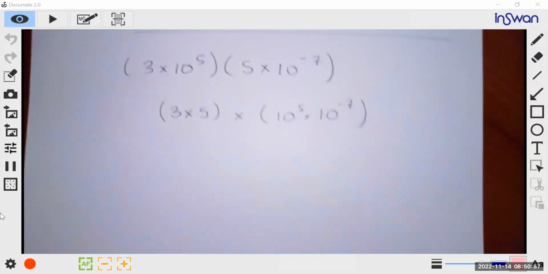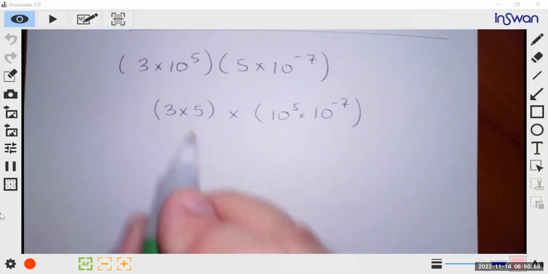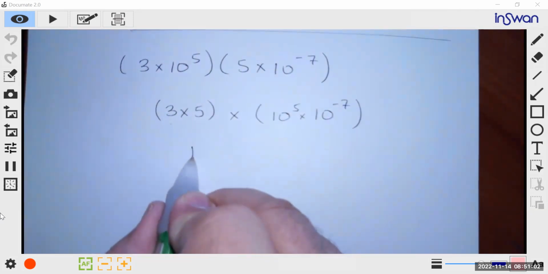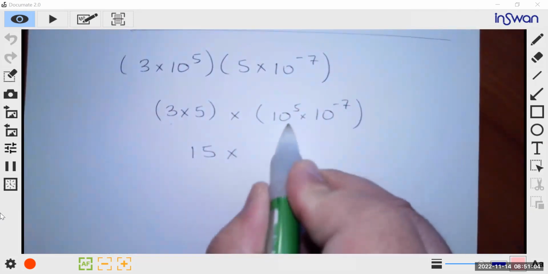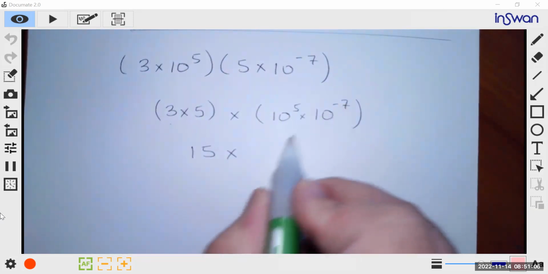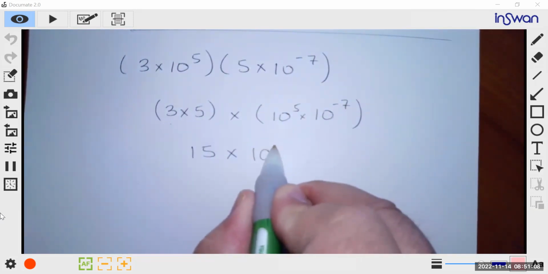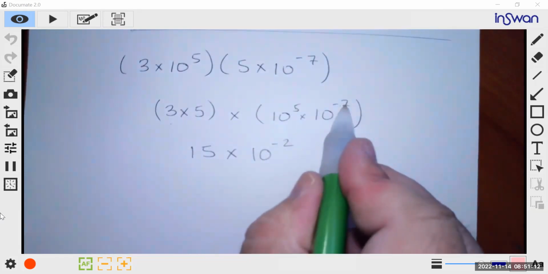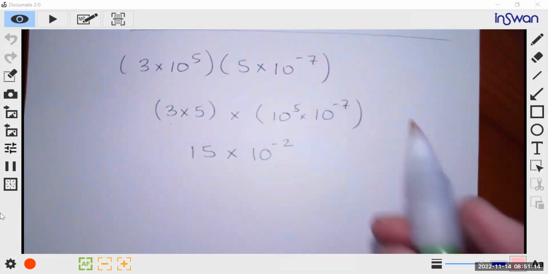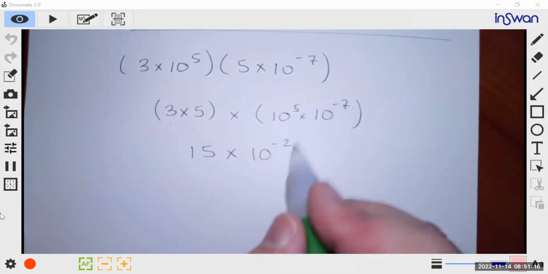I group the numbers accordingly. 3 times 5 is... 10 to the 5th times 10 to the negative 7 is 10 to the negative 2... yeah, we add them. So negative 7 plus 5, 7 is bigger, so the answer is negative. 7 minus 5 is 2.